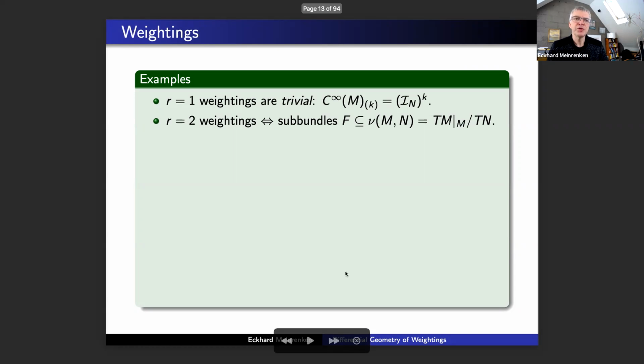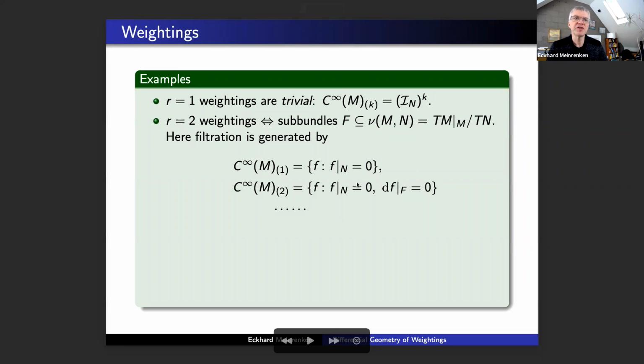When R is equal to 2, it turns out a weighting is equivalent to simply having a subbundle of the normal bundle. So that's actually equivalent. So the way it goes is, the filtration degree 1, as always, has to be the functions vanishing along N. Filtration degree 2 is the functions that vanish along N and whose differential vanishes on this subbundle.